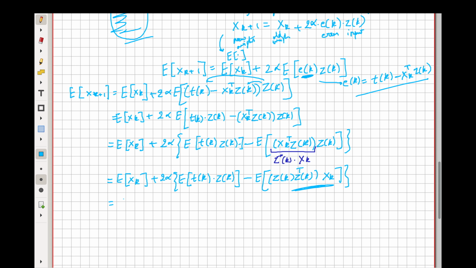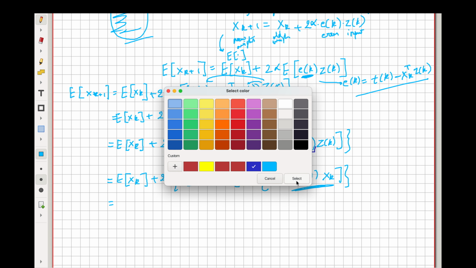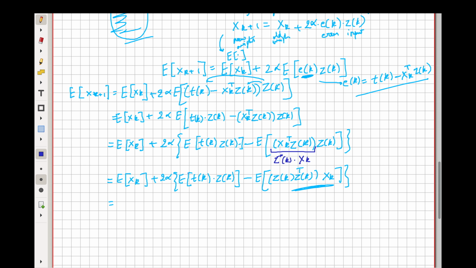Before we go there, another point to make is that this part, the expected value of t_k z_k, is nothing but our fixed cross-correlation matrix that we saw in the previous video.